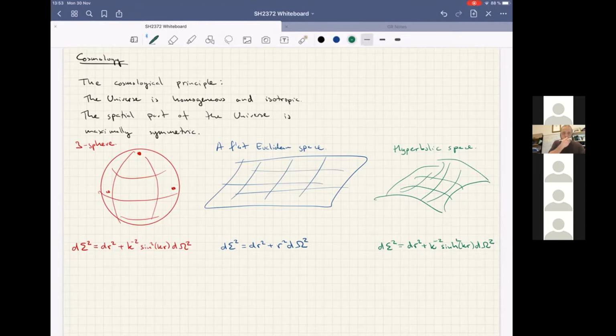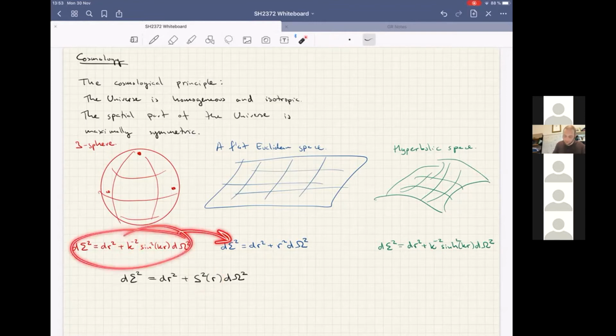So generally, I'm going to call this d sigma squared equal to dr squared plus s squared of r d omega squared, where this function s is either sine kr over k, or r, or the hyperbolic sine kr over k. Note that in the limit when k goes to 0, this metric goes towards that metric, and this metric goes to that metric as well.